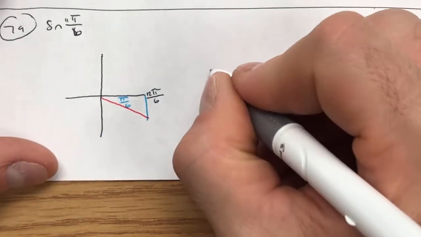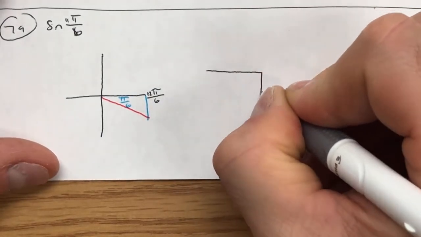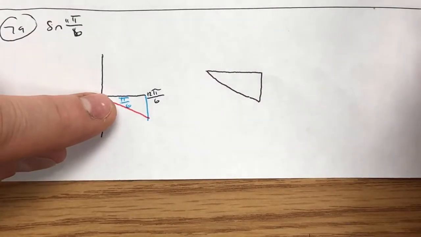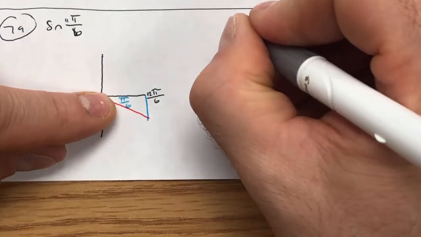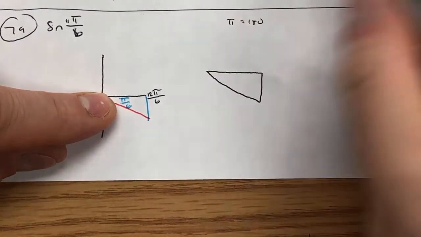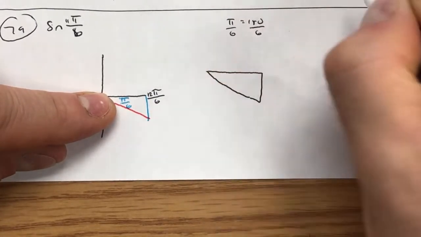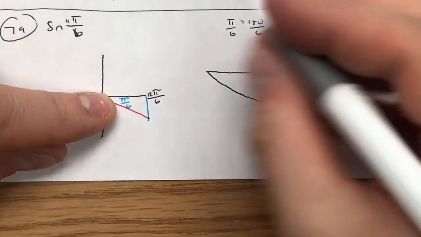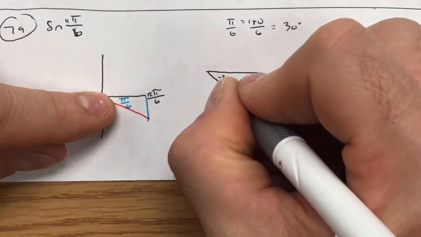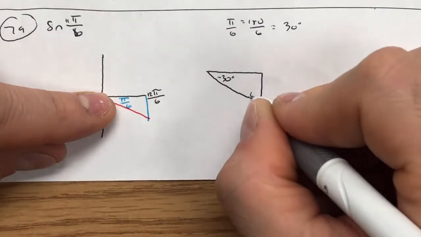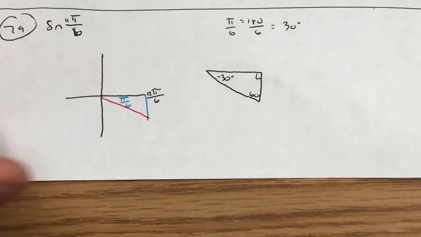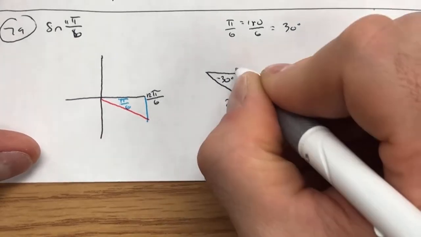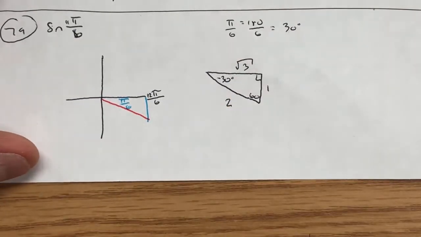Now, if you remember your pi over 6s, that's awesome. Most of us are going to know pi over 6, and I'm going to have to convert this. Well, if I know pi is equal to 180, pi over 6 is 180 divided by 6, which is 30 degrees. So I know this is going to be a negative 30 degrees, which makes that a 30, 60, 90 triangle, or a 1, 2, square root of 3.